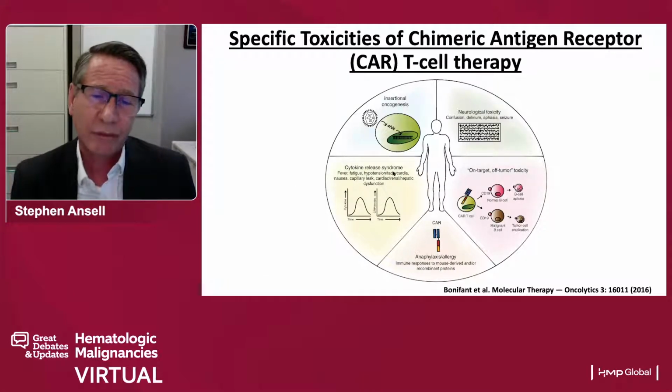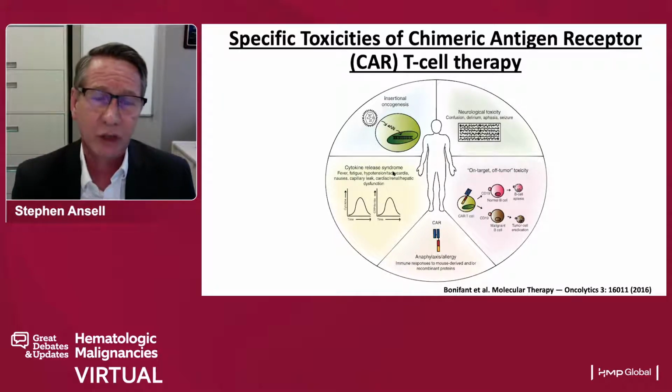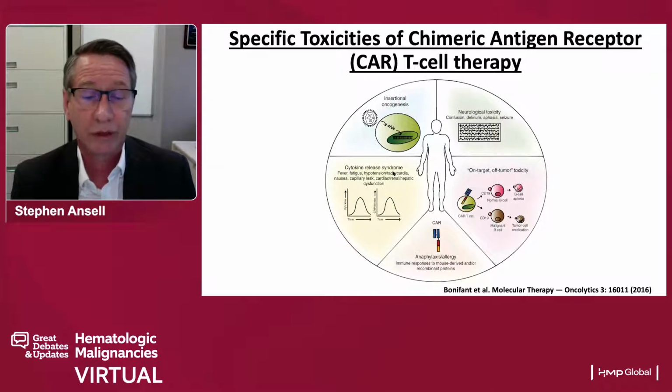So as we now change our focus a little bit from monoclonal antibodies to chimeric antigen receptors, I want to highlight the potential side effects associated with this agent. So again, there are multiple different toxicities which can be precipitated.